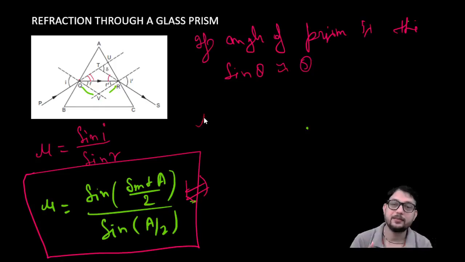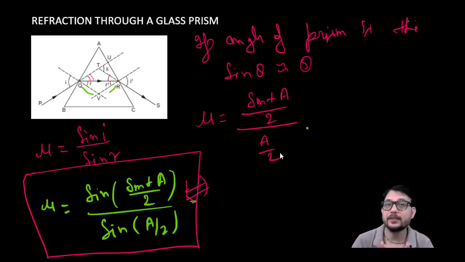So we can write mu equals delta m plus A by 2, divided by A by 2. It means sine can be neglected in case of a thin prism or when the angle of prism is thin. And here the 2 cancels out, and we have simply delta m.